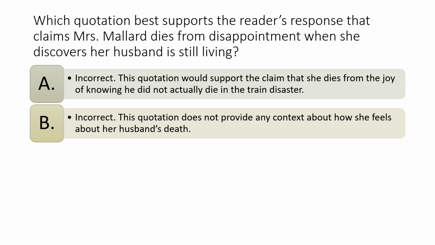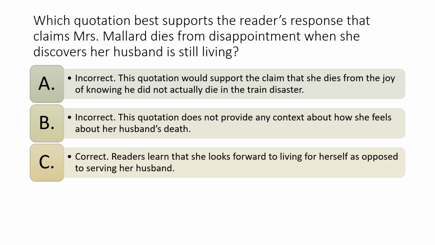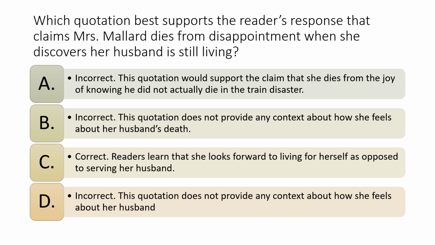This quotation does not provide any context about how she feels about her husband's death. C is correct. Readers learn that she looks forward to living for herself as opposed to serving her husband. D is incorrect. This quotation does not provide any context about how she feels about her husband.